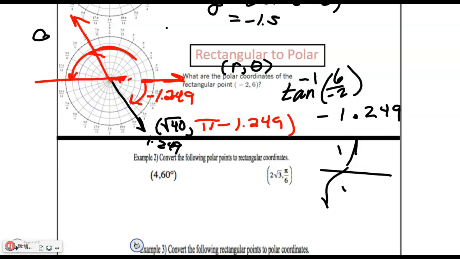So it's programmed to give you the negative 1, and you have to go, well, I need to go this way. And these two need to add up to pi or 180, correct? Wouldn't you agree? What are the sum of 2 angles on a line? 180. And this is 1.249 radians. So this would be pi minus. Yeah, however you want to think about it.